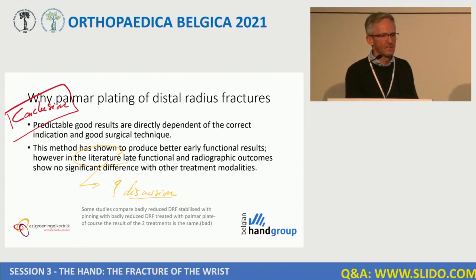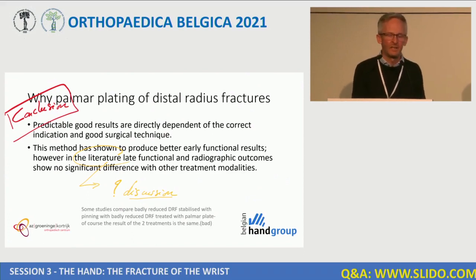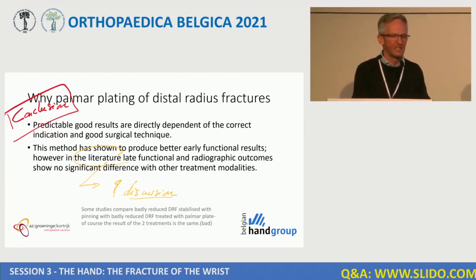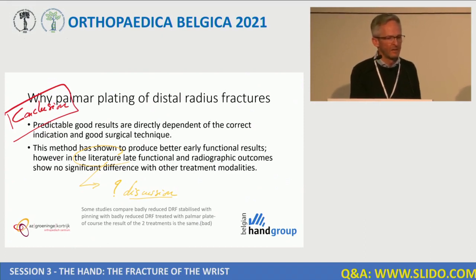So as a conclusion, predictable results with a plate if you have the right indication and a good surgical technique, because most of the errors are made in your surgical technique. The method has shown in the literature good early results, better than most other treatments, but in the long term, no significant difference. But here we can endlessly discuss.